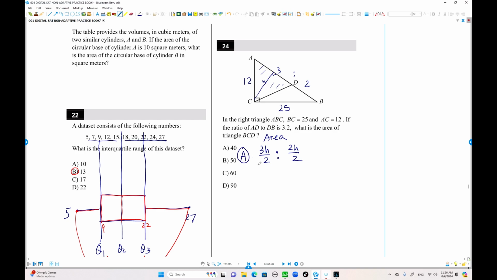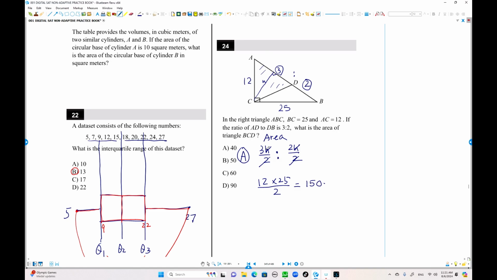When you simplify this one, 2 is out, H is out, still 3 to 2, right? Same ratio as this one. So the total area is how much? 12 times 25 over 2 equals 150, right? That is the total area of this one.